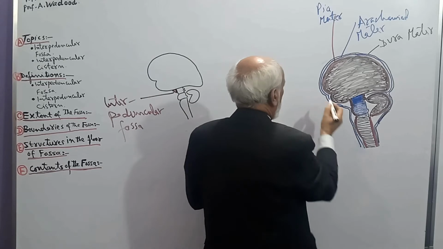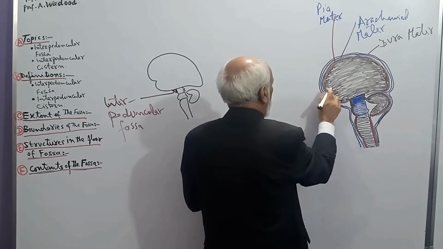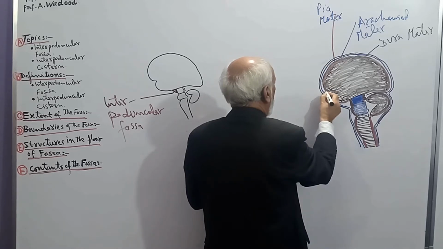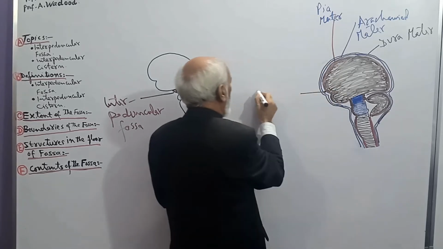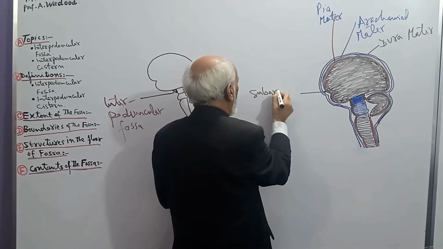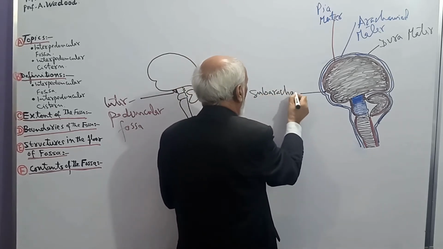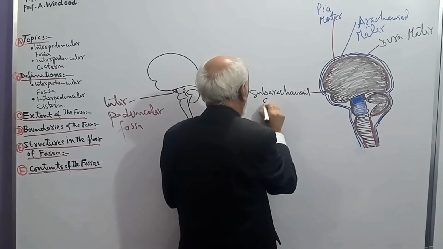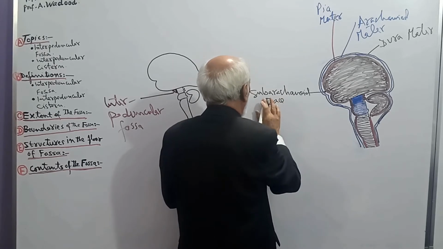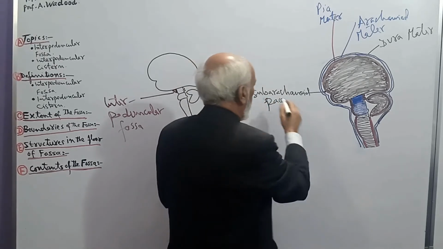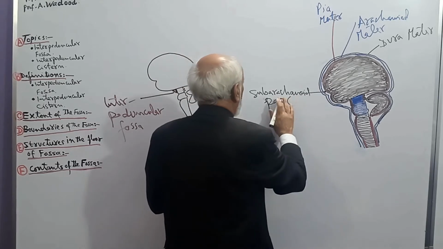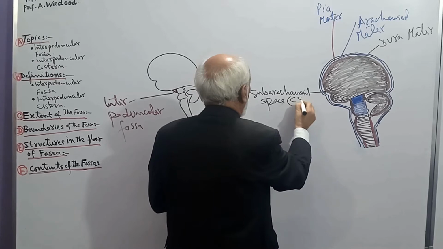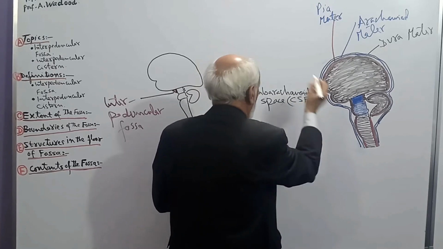Now you can see between the pia mater and arachnoid mater, there is subarachnoid space. And you know, this space is filled with cerebrospinal fluid. It circulates through it.